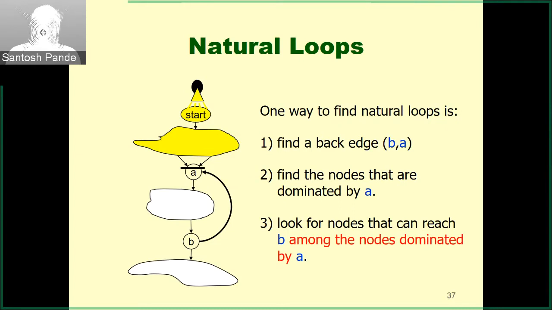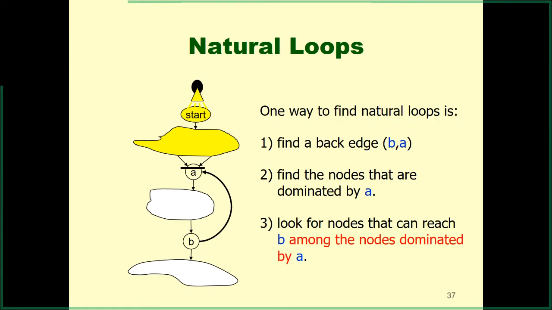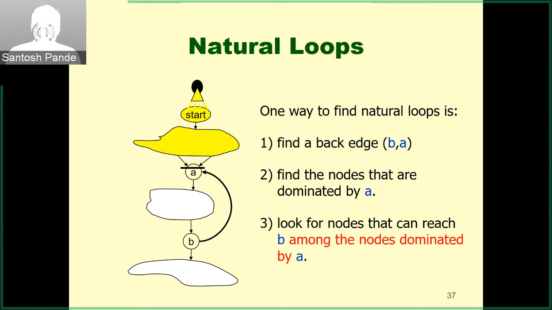Then out of those nodes which are dominated by A, I will then check the nodes that can reach B. Why is this important?